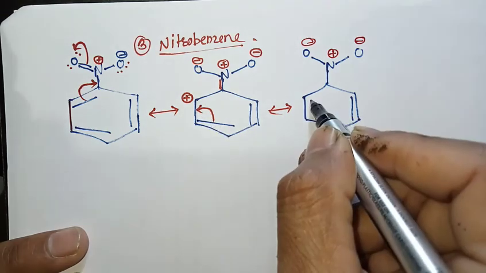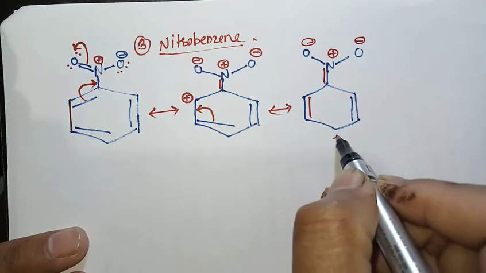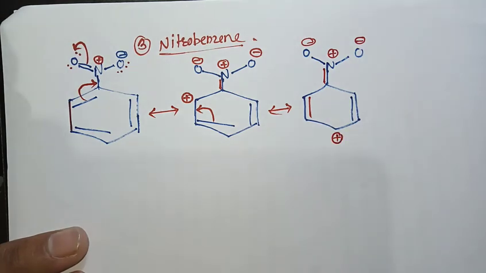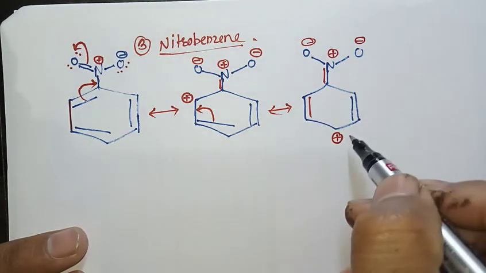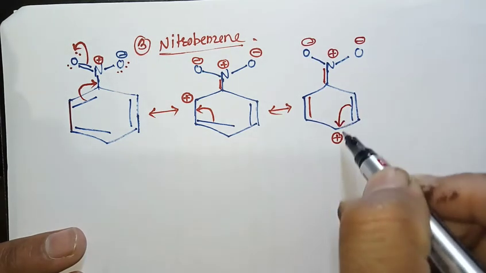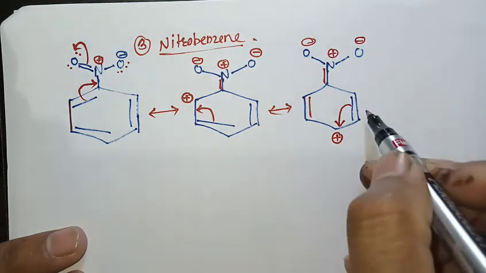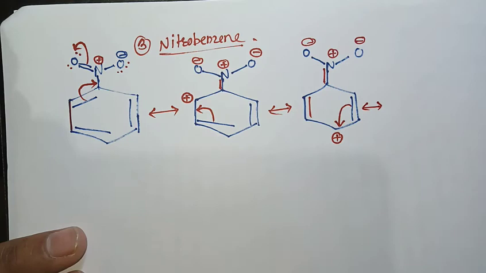This is a newly formed bond, and carbon 4 gets a positive charge. So again, to stabilize this positive charge, this pi bond goes over here on carbon 4, and here a positive charge is formed. The new structure is here.